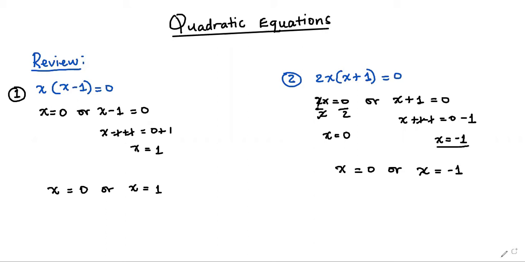Now, let's begin our lesson of today. We are going to get more examples of solving these quadratic equations. Remember, first of all, we are solving these quadratic equations by factorization.